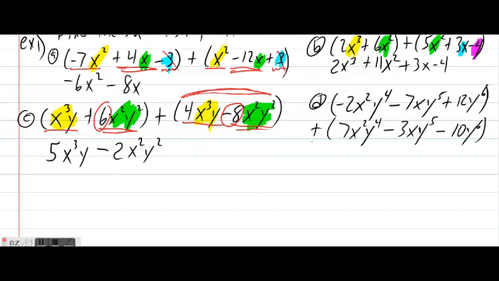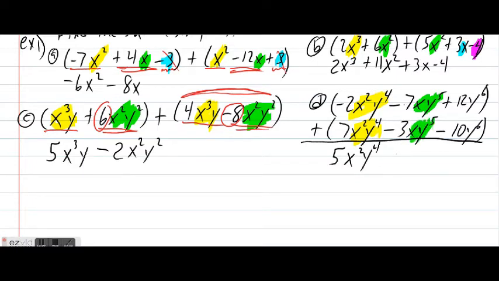With D, it was because I ran out of room, but it's nice to see these lined up. x squared y to the fourth, x squared y to the fourth. So I'm adding straight down. Negative 2 plus 7 is 5x squared y to the fourth. Then x to the first, y to the fifth, x to the first, y to the fifth.